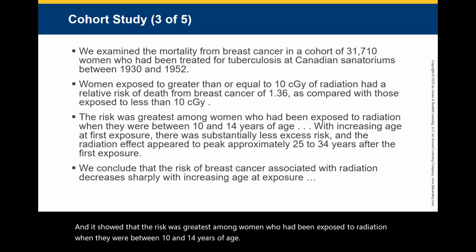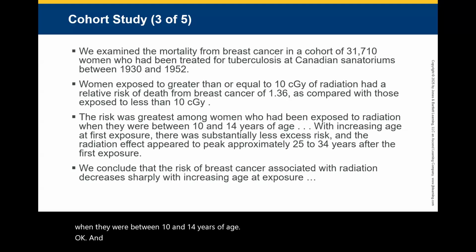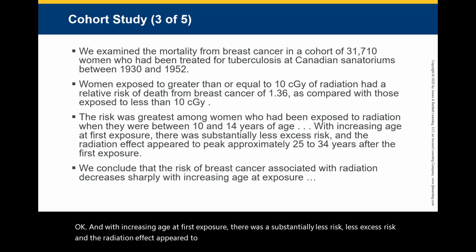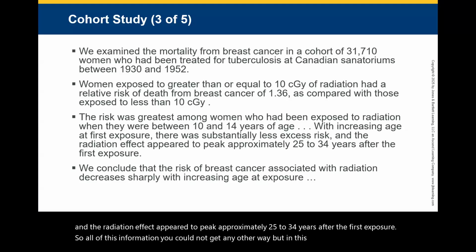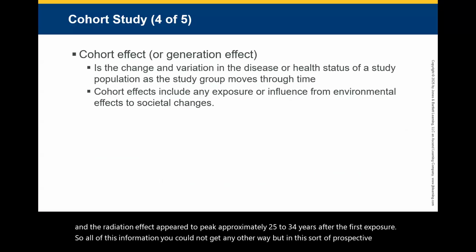With increasing age at first exposure, there was a substantially less excess risk, and the radiation effect appeared to peak approximately 25 to 34 years after the first exposure. So all of this information you could not get any other way, but in this sort of prospective cohort study.